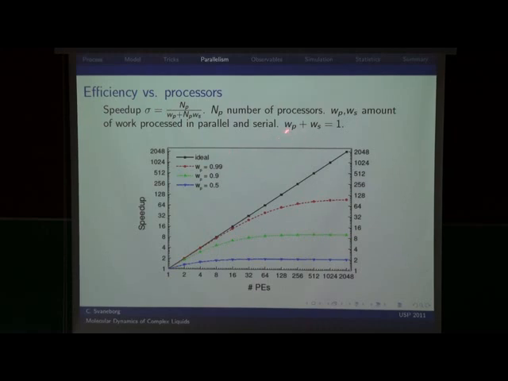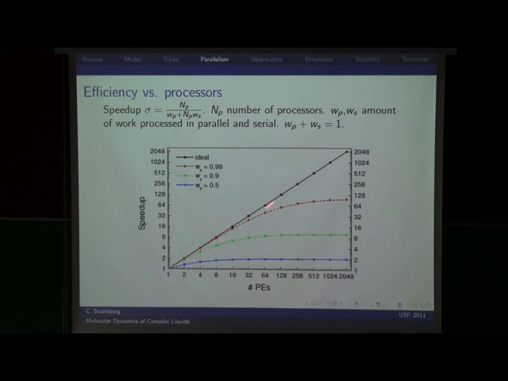If you can run the entire job in parallel, this one is 0, and we get a speed up which is proportional to the number of processors available. So if it's 100% parallelizable, if we have NP processors, we're going to run NP times faster. If it's 100% serial, irrespective of the number of processors we throw at the job, it is going to take the same amount of time. And this is what is plotted here.